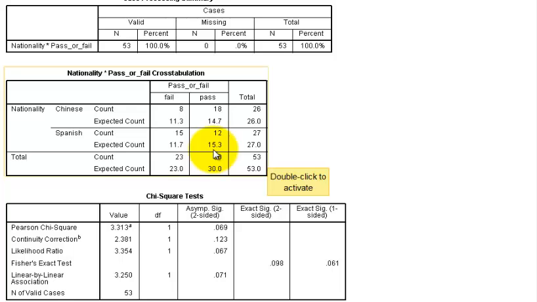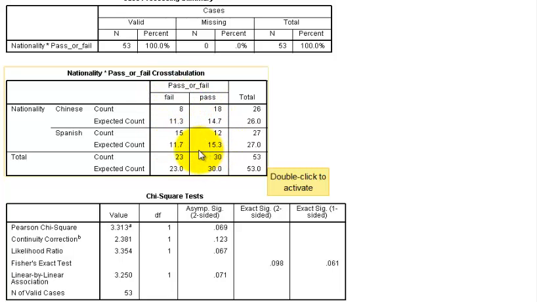But your actual count, that's your count part: for Chinese, you had 8 fail, 18 pass, and for your Spanish, you had 15 fail, 12 pass. So your observed count is different from your expected count.